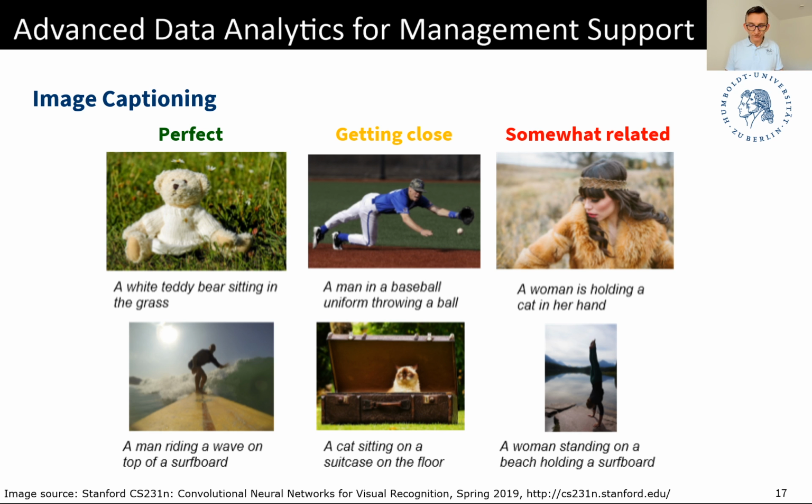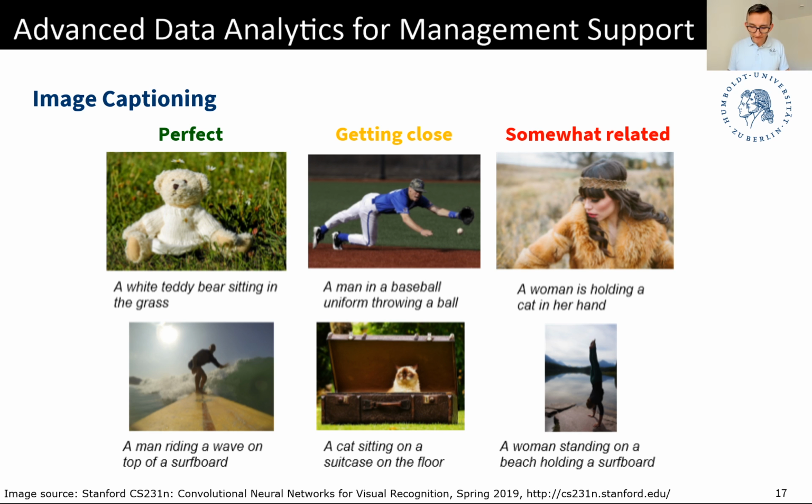And in other examples, the automatically generated description is somewhat getting into the right direction or is a bit off, right? A man in a baseball uniform throwing a ball. We of course see immediately that the man is not throwing but catching a ball, but apparently the corresponding deep neural network was not so adept when it comes to baseball.